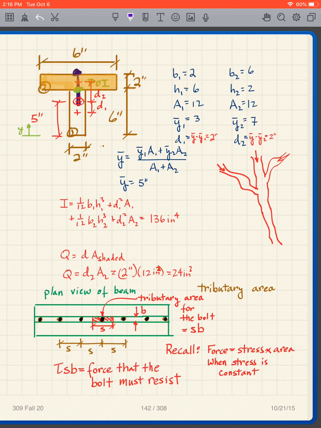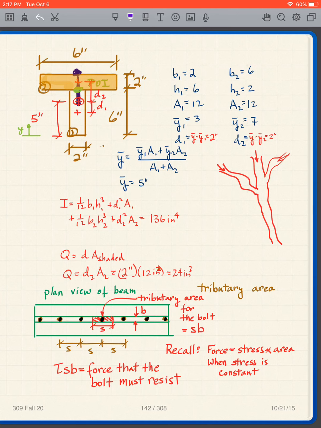And you remember, force is equal to stress times area when the stress is constant. And here we're saying the stress is constant, it's a little bit of an assumption, when we take our shear force at the greatest on the shear diagram.